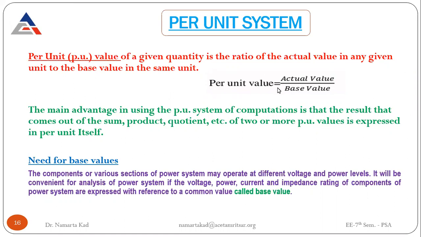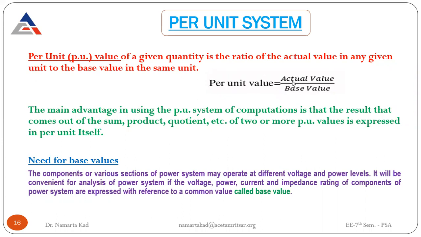This base value is the common value for the whole system, a common value of voltage, or of current, or of volt amperes, or of wattage. So the base value is the common value for the whole system, and the actual value is the value for that particular device or component.